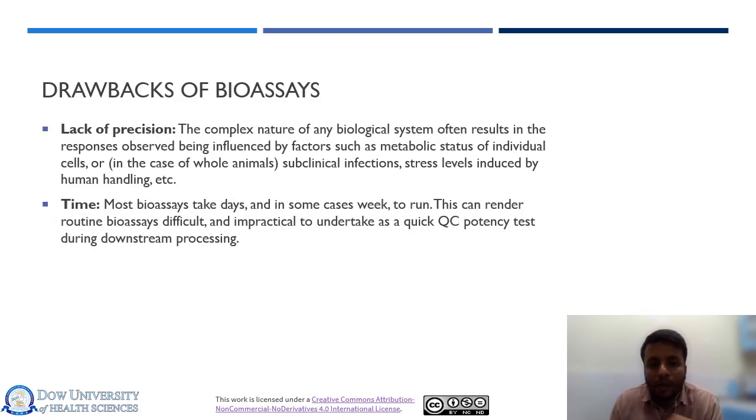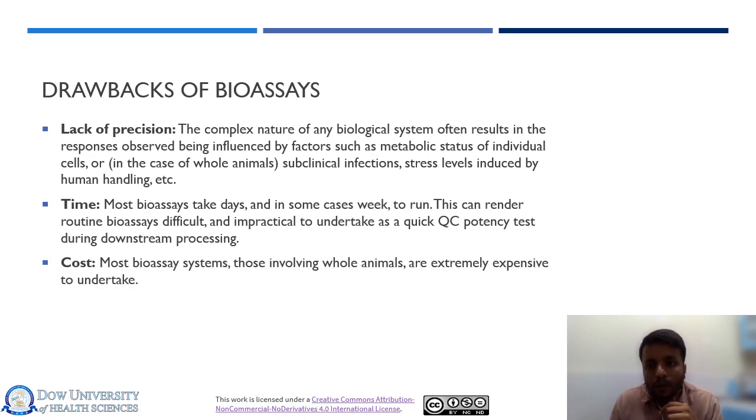Talking about the drawbacks of bioassays, the major drawback is the lack of precision. This is due to the complex nature of the biological system. This complexity can lead to variability in the responses, which are influenced by factors. It could be the metabolic status of the individual cells or any subclinical infections in the animals.